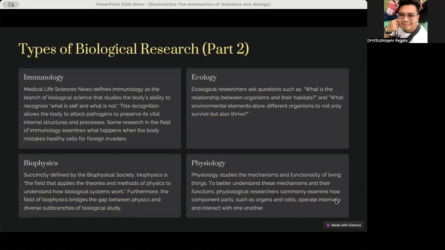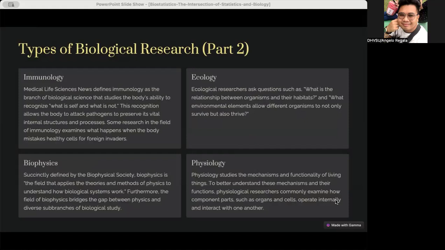This recognition allows the body to attack pathogens to preserve its vital internal structures and processes. It's just like a security guard and a police: if there are any foreign or unfamiliar objects in our body, immunology is responsible for that.